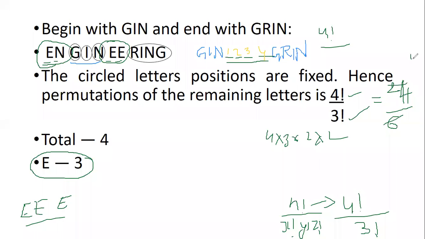So we will be having 4 ways to arrange these 4 letters where E is repeated 3 times. I'll repeat it again, understand properly. We have 4 ways to arrange the 4 letters here where E is repeated 3 times. Understood? Any doubts until here?